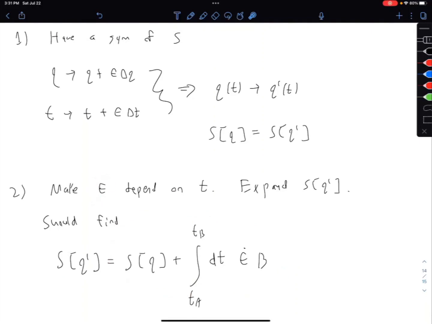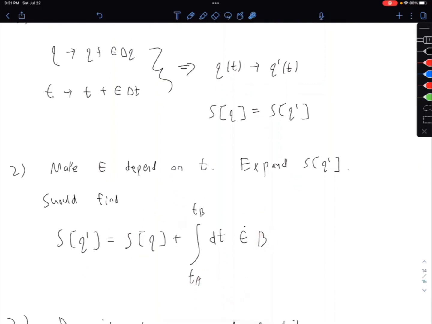We made epsilon vanish at the bounds later to argue that B was conserved, but to obtain this form, we did not need to assume that. So just make epsilon any old function. When you find S of Q prime, you should find this, and then you just identify B as your conserved quantity, and it's as easy as these three steps.